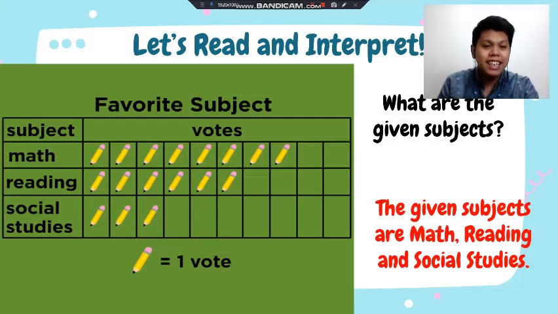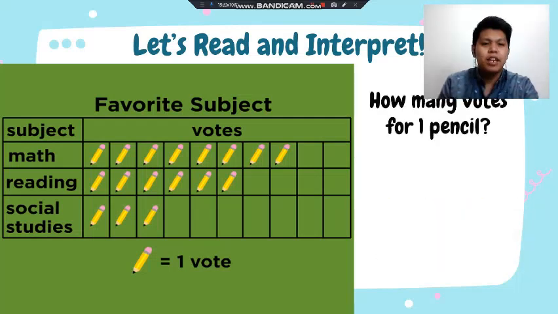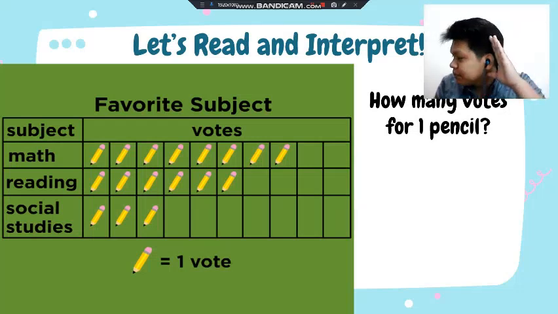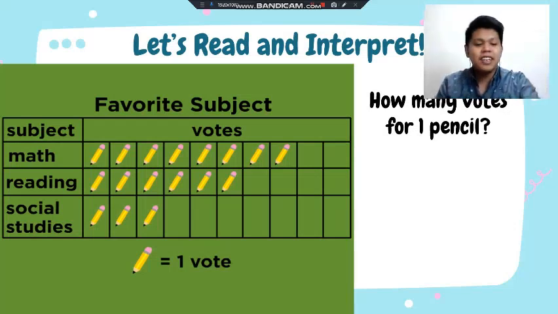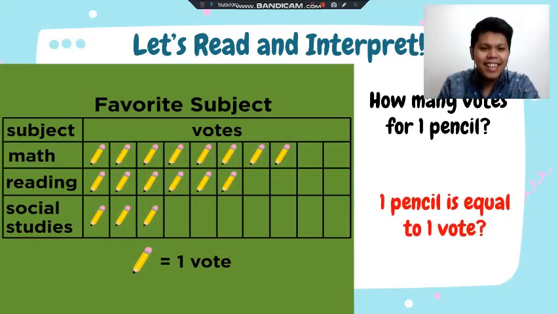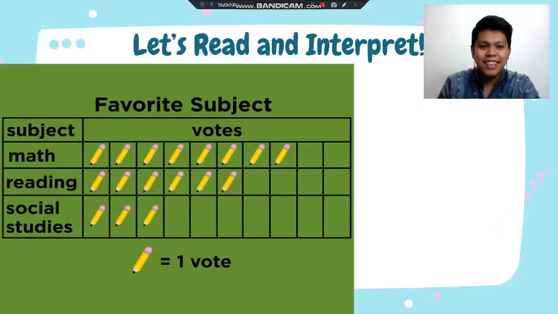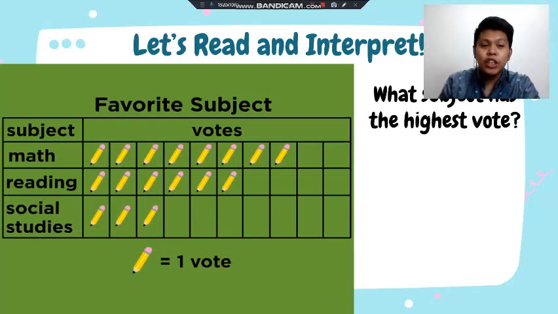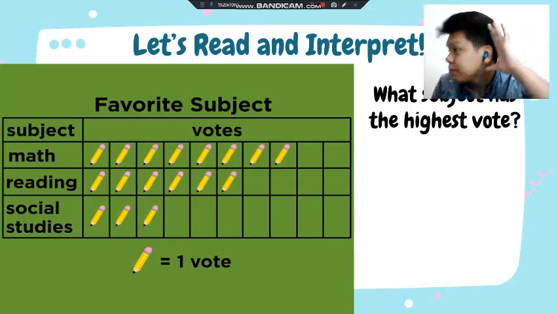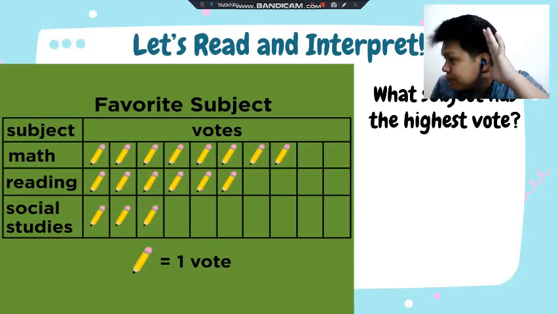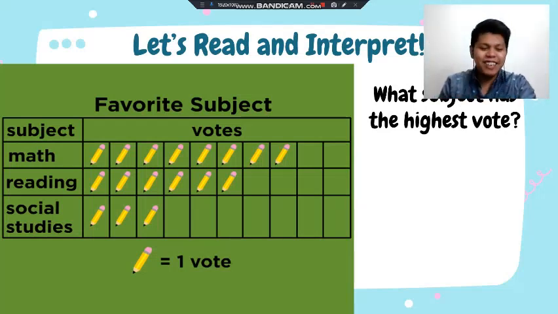Okay, next. How many votes for 1 pencil? Answer is 1 pencil is equal to 1 vote. Next one. What subject has the highest vote? Very good.